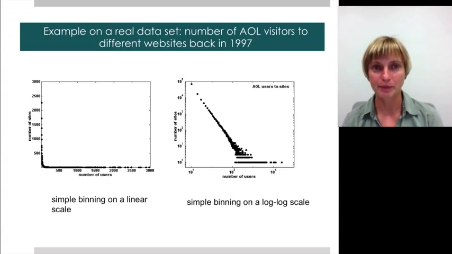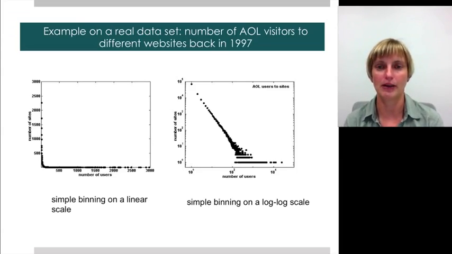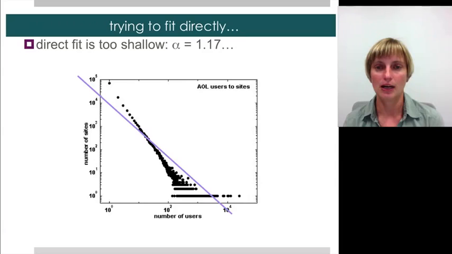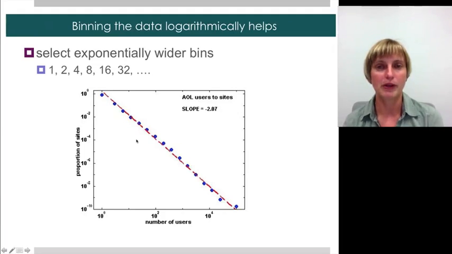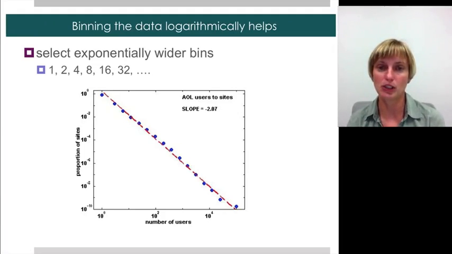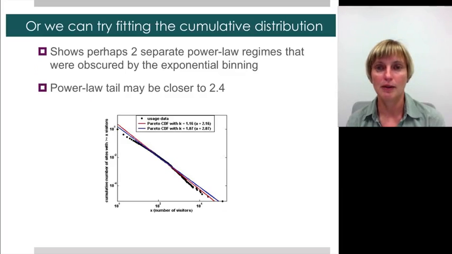So here's just an example on the AOL visitors data set. And if we try to fit it directly, we get an alpha that's way too low. If we do exponentially wider bins, we get a seemingly reasonable slope of 2.1. But it's real data.